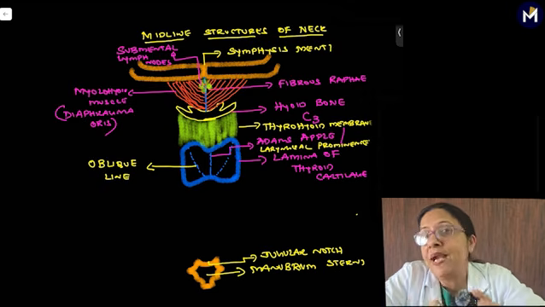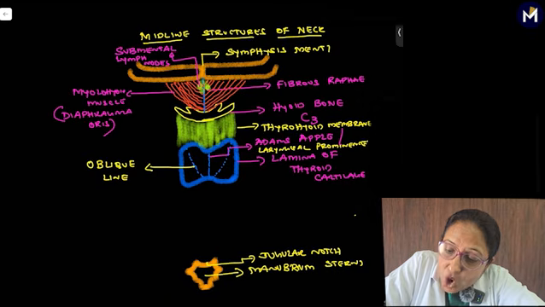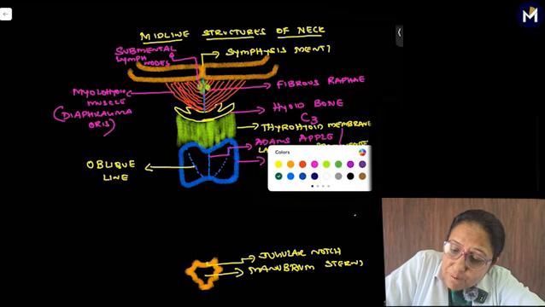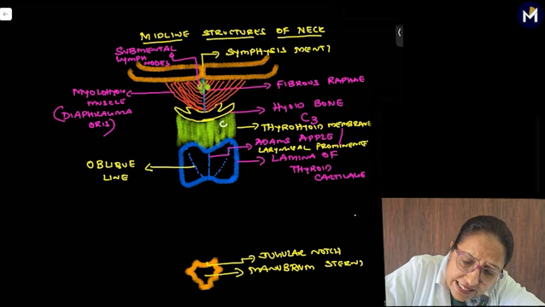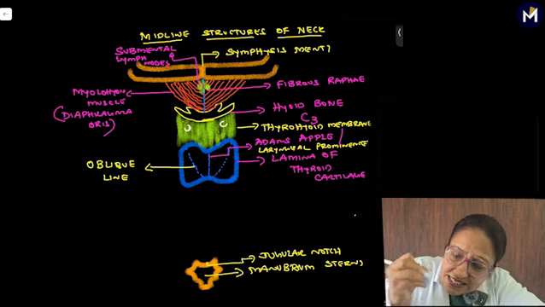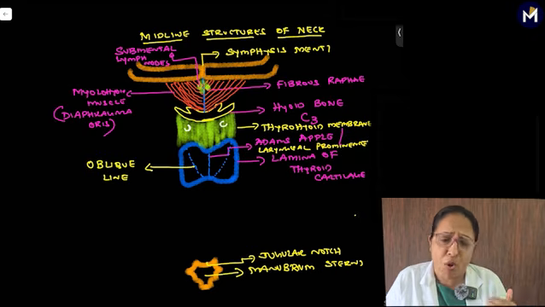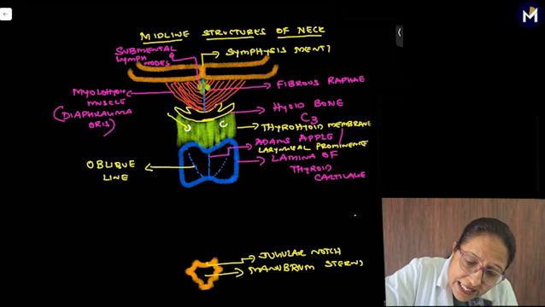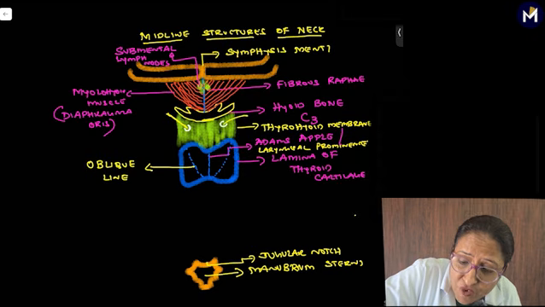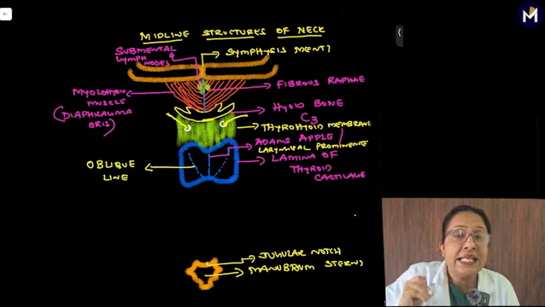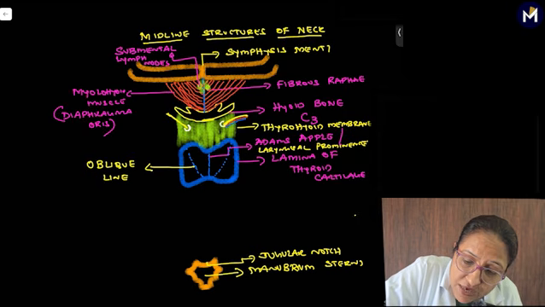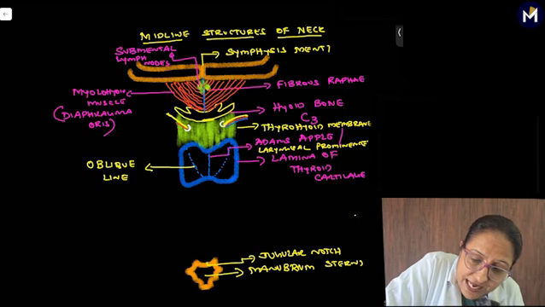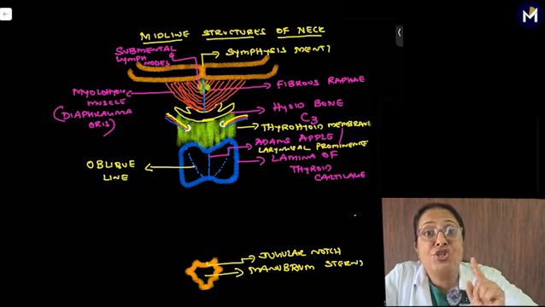Now this membrane is important because it is pierced by two structures. I'll just show the piercing here. It is pierced by a very important internal laryngeal nerve. Don't forget this point. Internal laryngeal nerve and superior laryngeal vessels.